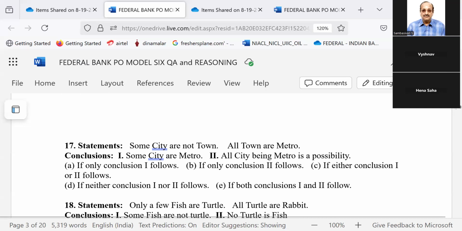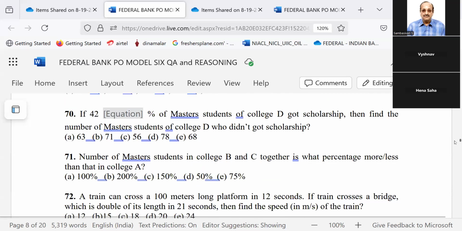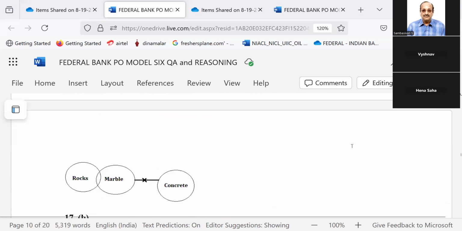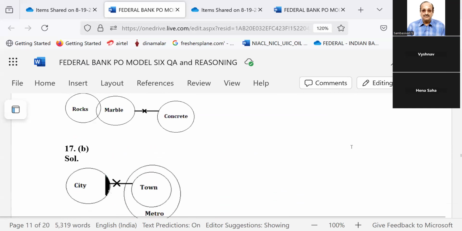But based on my experience, I find some are really tough to answer. Don't tell me, sir, everything you are telling is tough. The 17th picture will come like this. Some city or not town.